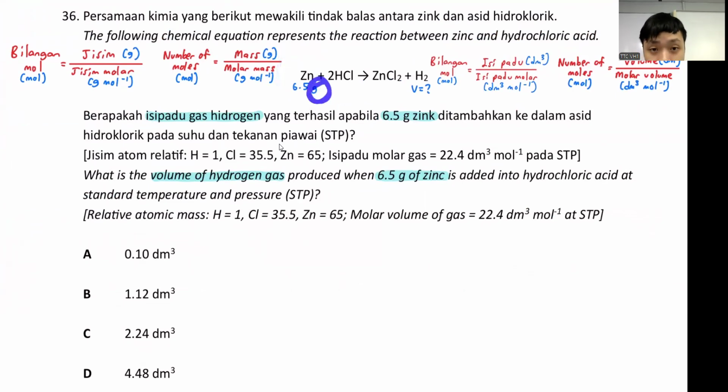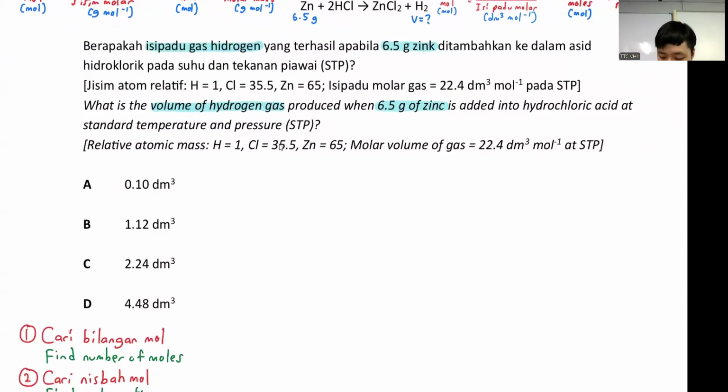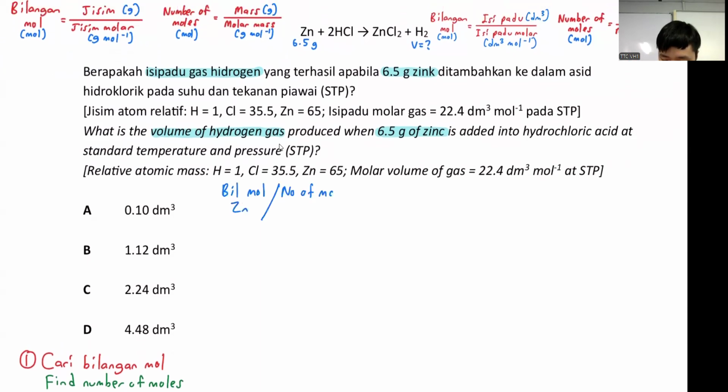Since they give you gram, of course this one is the first formula, right? So straight away, your bilangan mole, or you call it number of mole of zinc.